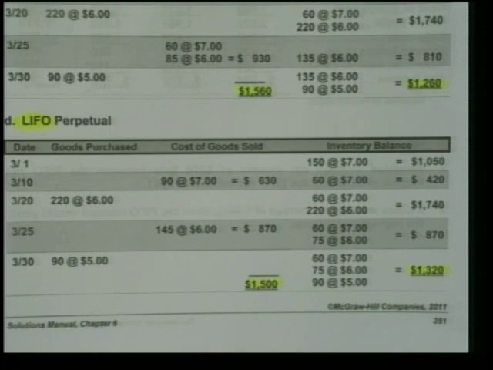Let me ask you all. How many of you got all 4 methods right? How many people got 3 of the 4 right? Have any of you done enough of these where you're starting to realize that there are sometimes shortcuts? Especially with FIFO?